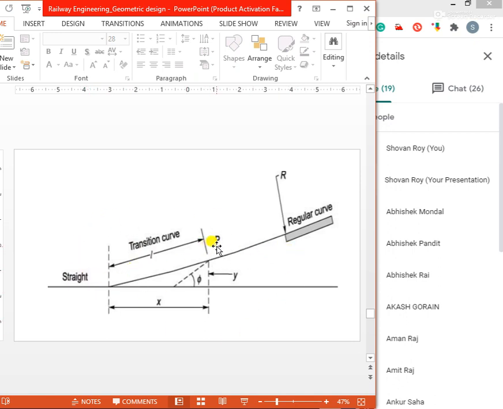This is the transition curve, this is the angle phi. This is the straight portion, this is the P point, and the circular curve starts from this position. R is the radius value.